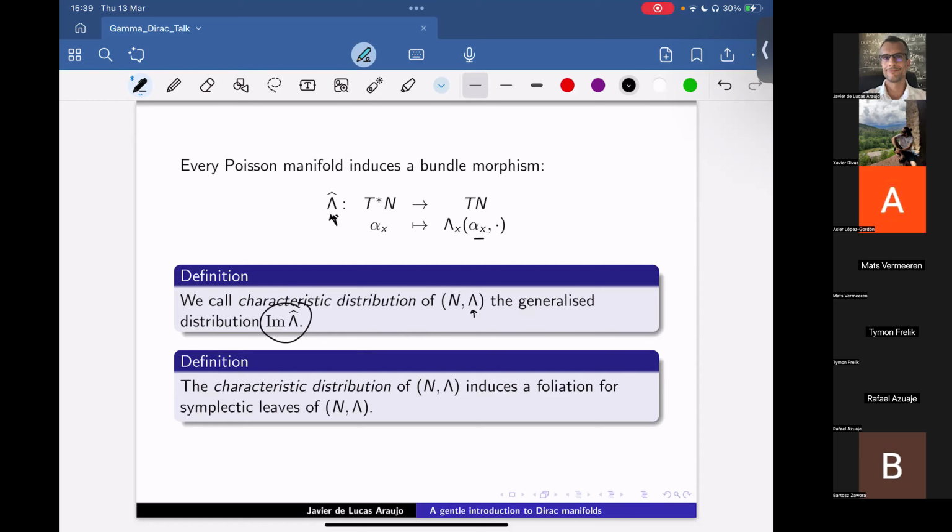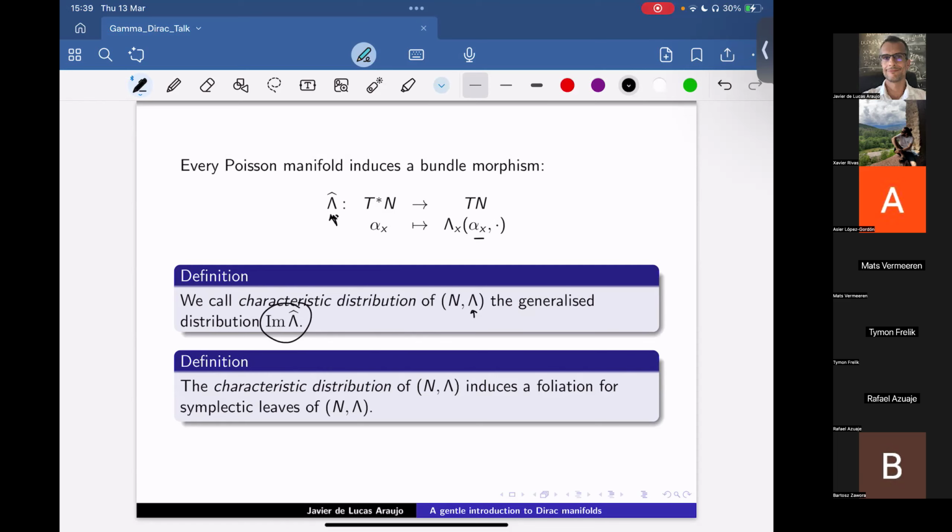That means that the rank of the distribution is even-dimensional at every point, but it can be different from 0. So geometrically, a Poisson manifold is just a partition, without many details, of a manifold into symplectic submanifolds.